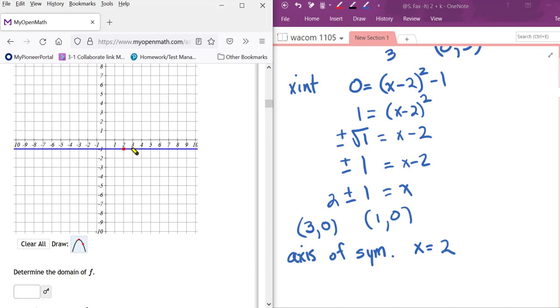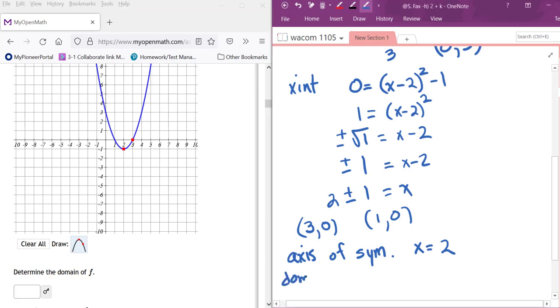And then we'll use one of the intercepts. So we can use 3, 0, that is fine. And there's our picture. The domain will also be -infinity to +infinity. Keeps going forever to the left, forever to the right.